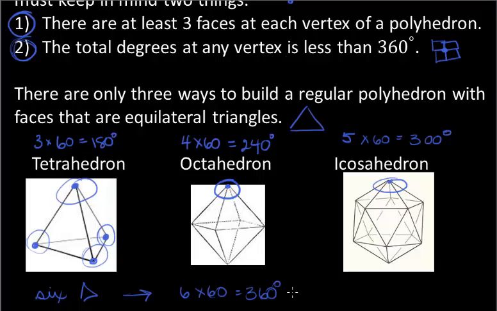And what that would mean was that it would just simply lay flat on the table, and we would not have a 3D corner. So if we're using equilateral triangles as our faces, there are only 3 ways that we could put them together: getting the tetrahedron, the octahedron, and the icosahedron.